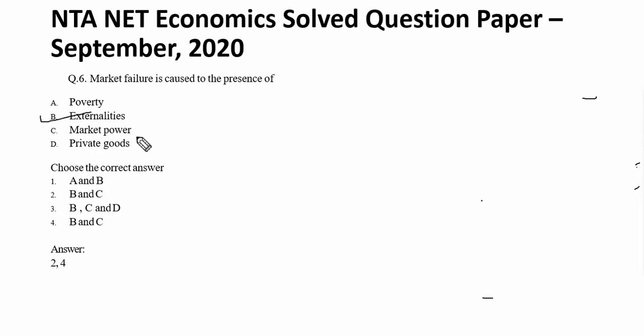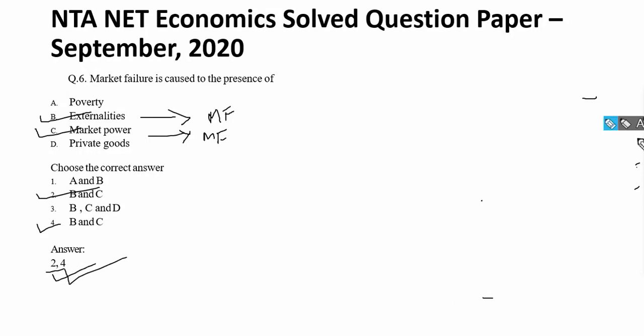For obvious reasons, the externality will cause market failure, right? Again, we know that when there is market power or when there is no perfect competition, it will create market failure. So we know that the answer will be B and C. So here both of these options are same, so either 2 or 4 or both of these are correct. Okay, so this will be the answer.